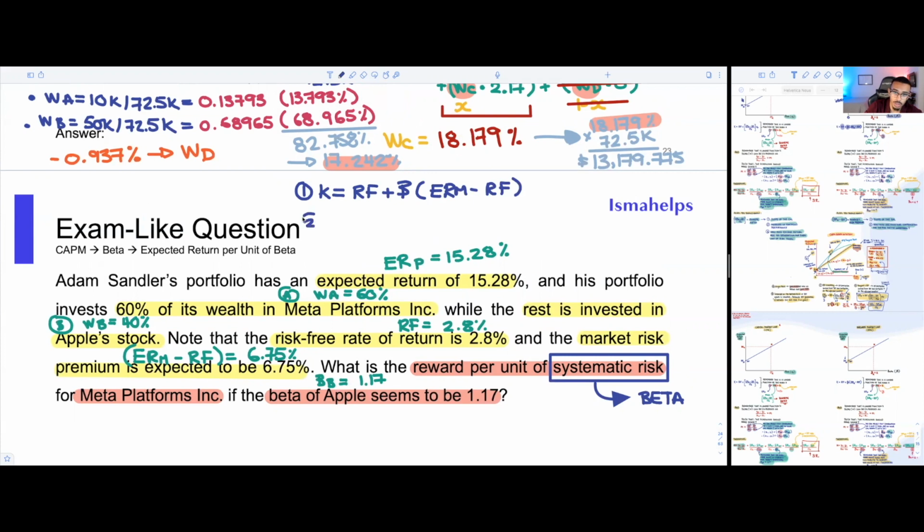The second formula will be a very straightforward formula, which will simply be that the expected return of a portfolio is equal to the weight of A times the expected return of A plus the weight of B times the expected return of B. The reason why I'm saying this is because, of course, if we're invested into two different assets, we can simply write it like that.